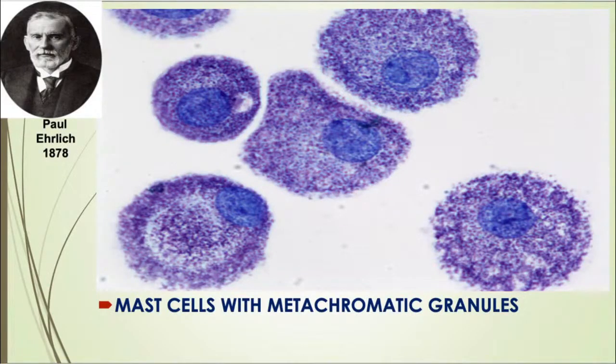Mast cells. Mast cells were identified primarily by Paul Ehrlich in 1878, and mast cells are characterized by metachromatic granules. So if we use toluidine blue, like here we have seen that the nucleus is a blue color, but the granules are a pink-blue color.